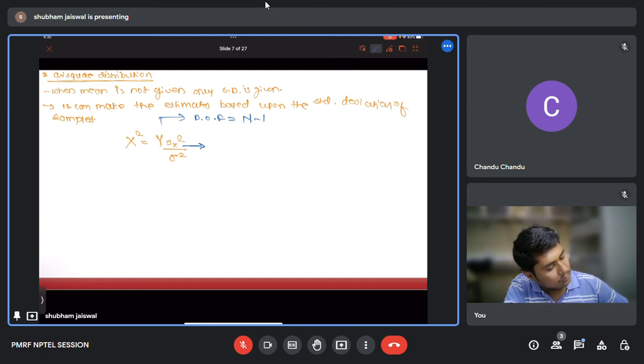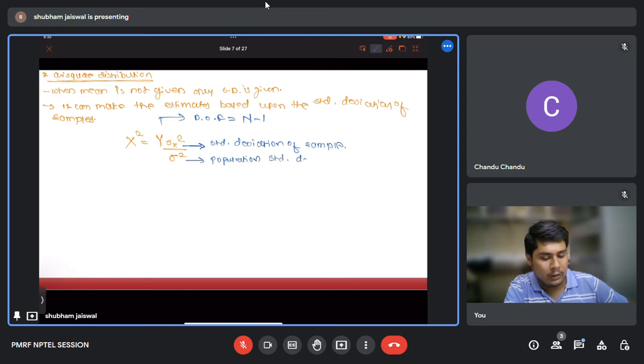Standard deviation of sample, and sigma is the population standard deviation. Okay.